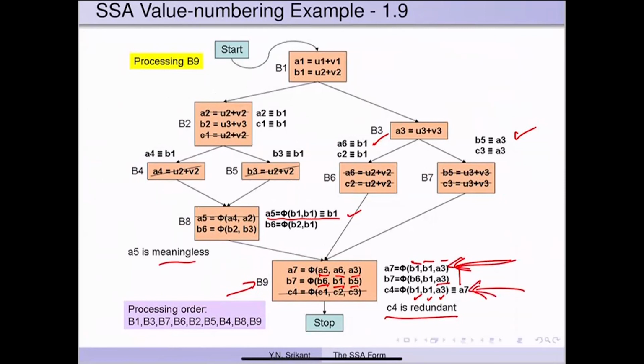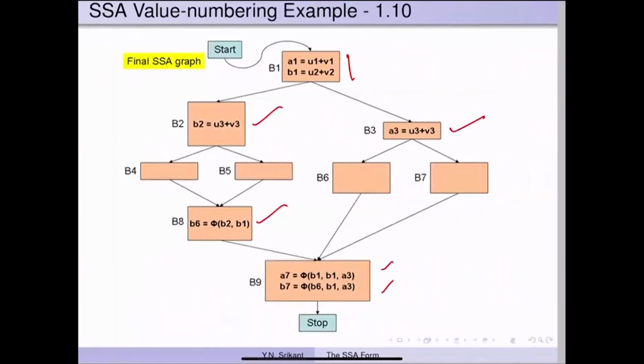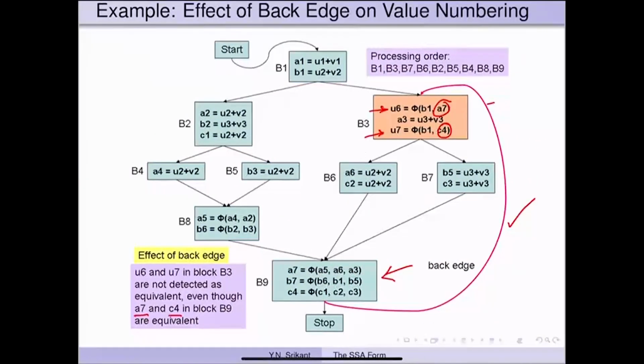We detected them as equivalent. But we visit this block B3 before we visit this block B9. And therefore, we are not able to utilize the effect of the equivalence detected by B9. So what happens? We simply say that they are not equivalent and they will remain.